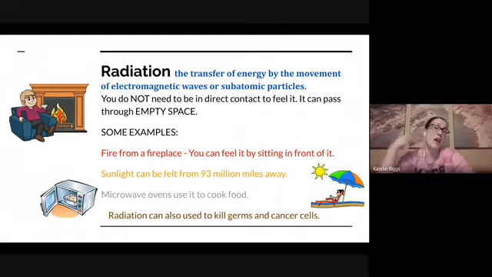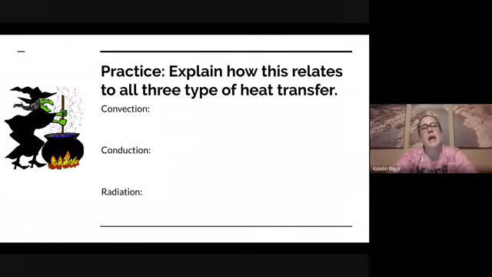And then when you get even higher on the radiation spectrum, you get to ones that can actually kill germs and cancer cells, which are like ultraviolet and gamma radiation. But that's not the infrared radiation that we're going to be talking about for these three energy types for thermal energy in particular.